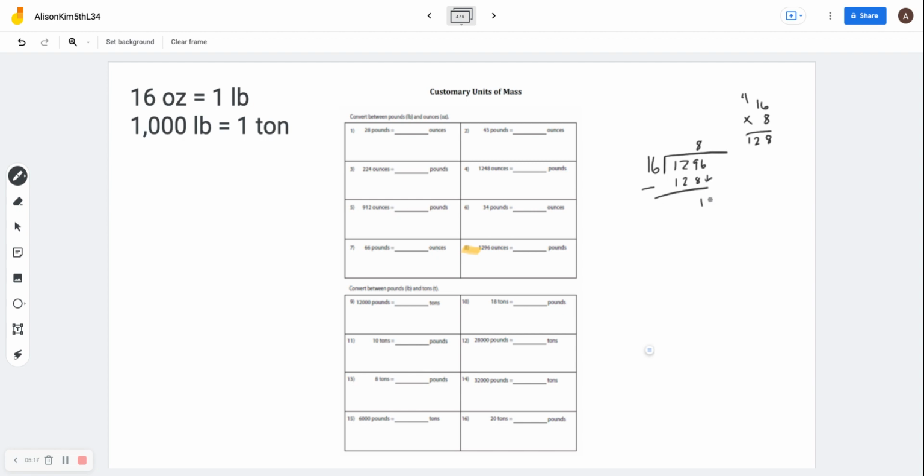Bring down the 6. And would you look at that? 16 goes into 16 one time, right? 16 minus 16 is 0. So now we know that 1296 ounces equals 81 pounds. Once again, keep this conversion chart in mind.